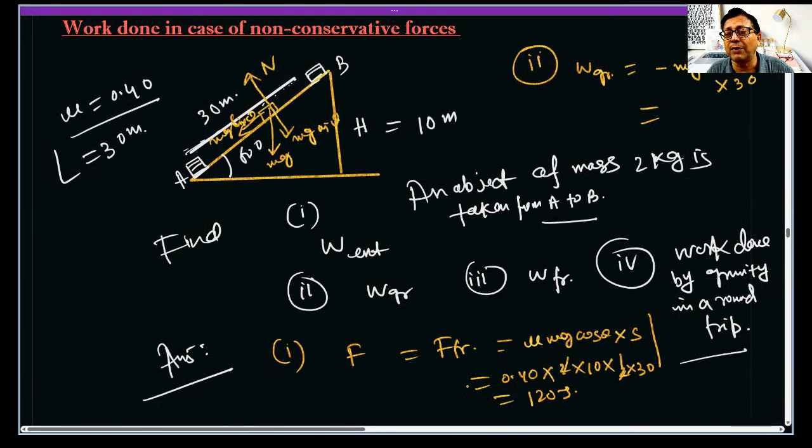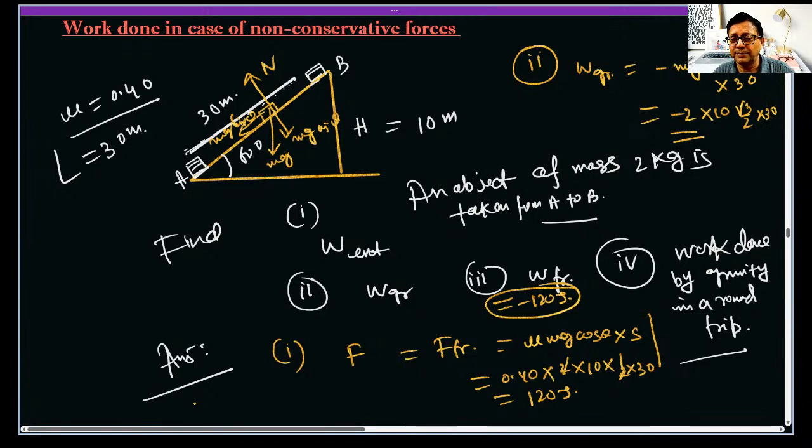This number 3 and number 1 will be similar. Number 3, work done by friction will be minus 120 joule. Work done by gravity, minus mg sin theta into 30. Why? Because gravity acting downward and you are displacing upward. So you substitute the value here. That mass is known, 2 kg, 2 into 10 sin 60 root 3 by 2 into 30.